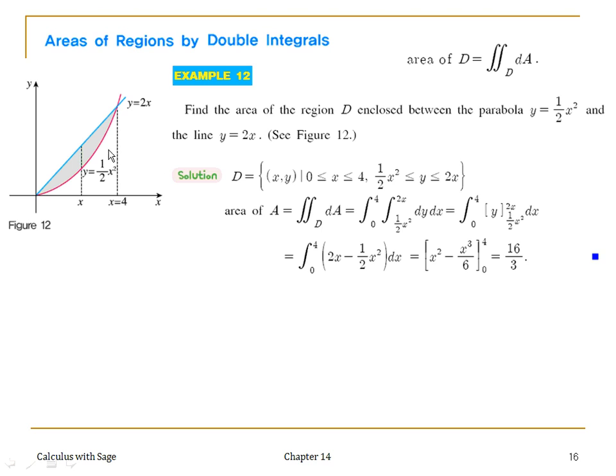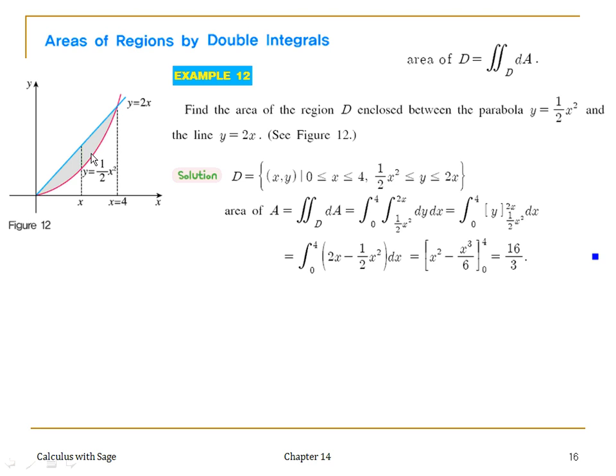So in this case, this region can be written in this way, and this area can be found by the double integral of 1 with respect to y from 1/2 times x squared to 2x, and integrating that with respect to x from 0 to 4. So this double integral will give us 16/3, like you see here, which is this area.